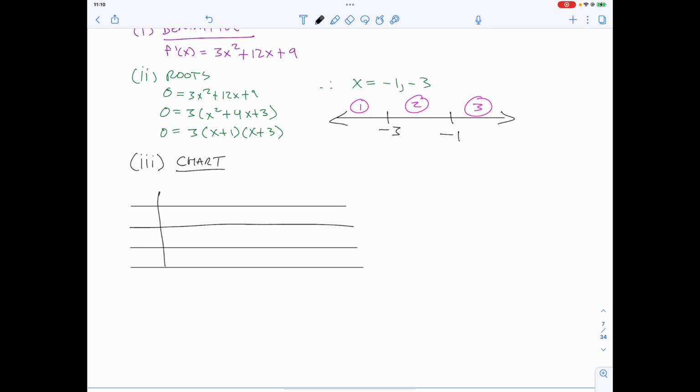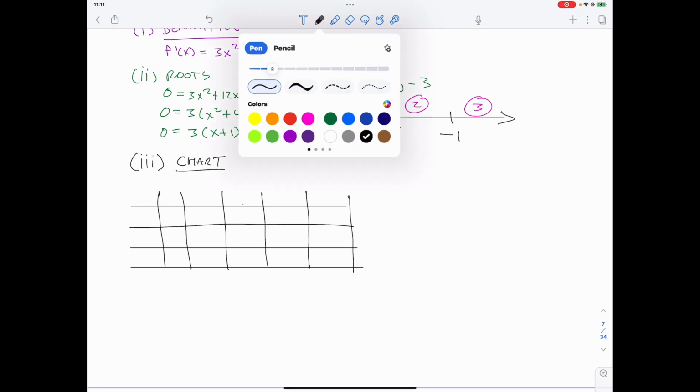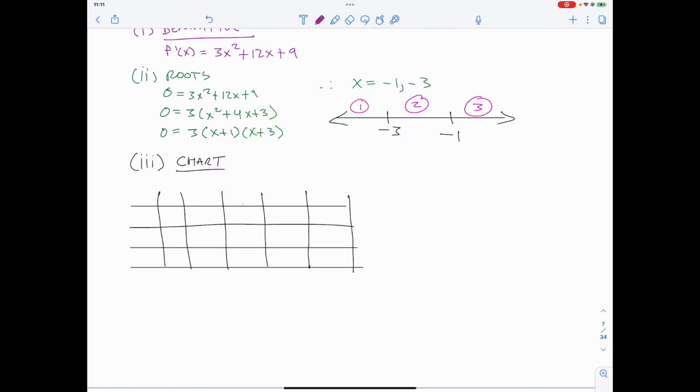I'm going to have my factors 3, x plus 1, x plus 3, and then my f prime of x and my f of x. I have my intervals: negative infinity to negative 3, negative 3 to negative 1, and negative 1 to infinity.